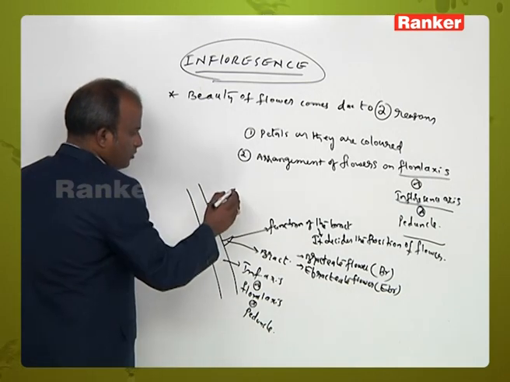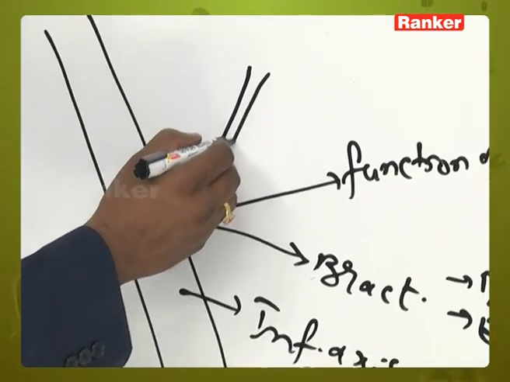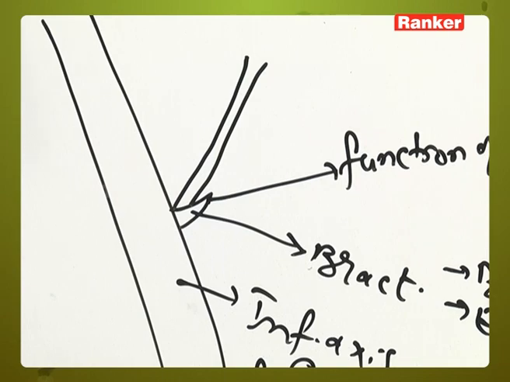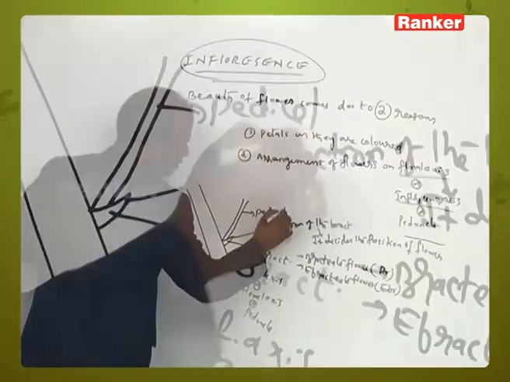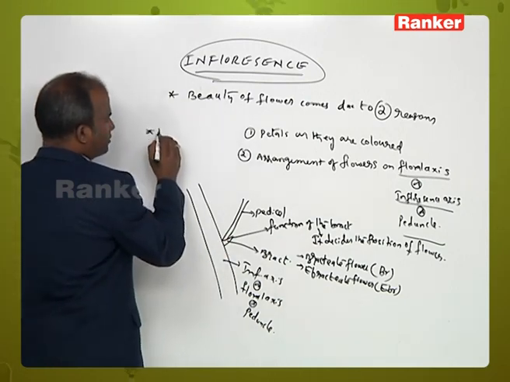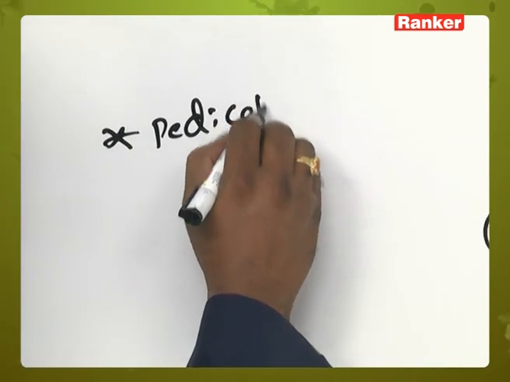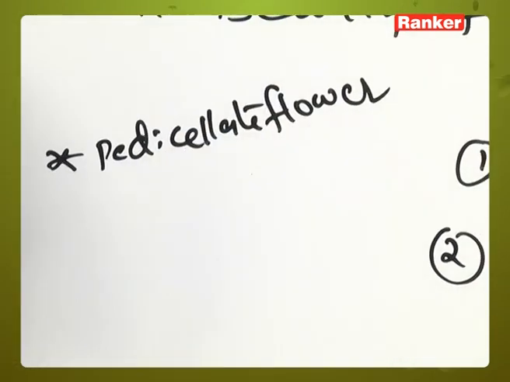And now the stalk of the flower is called as pedicel. If the flower contains pedicel, then it is called as a pedicellate flower.